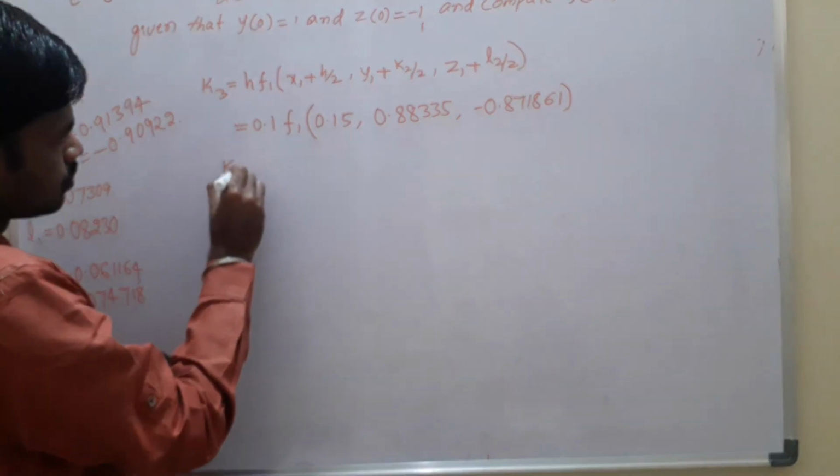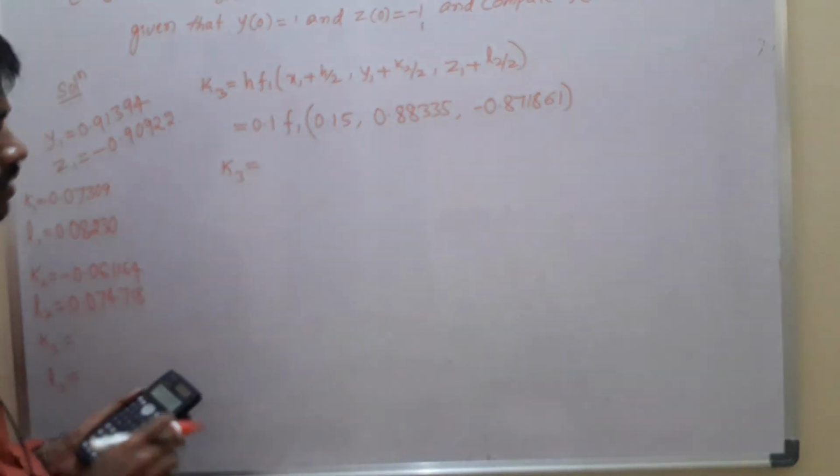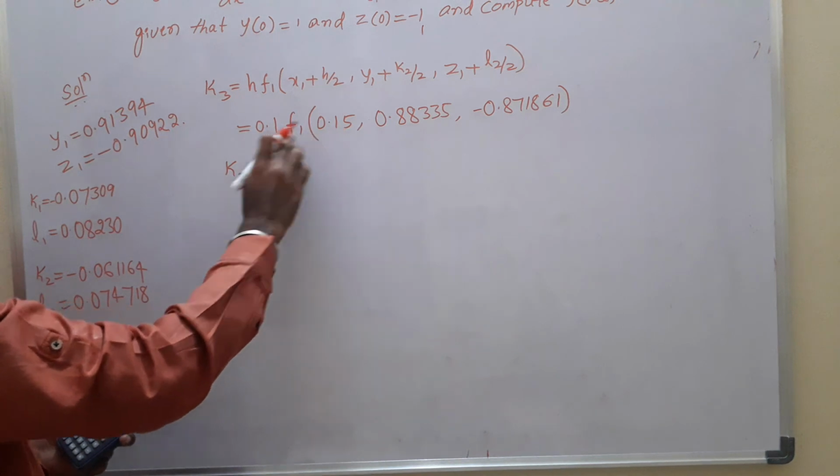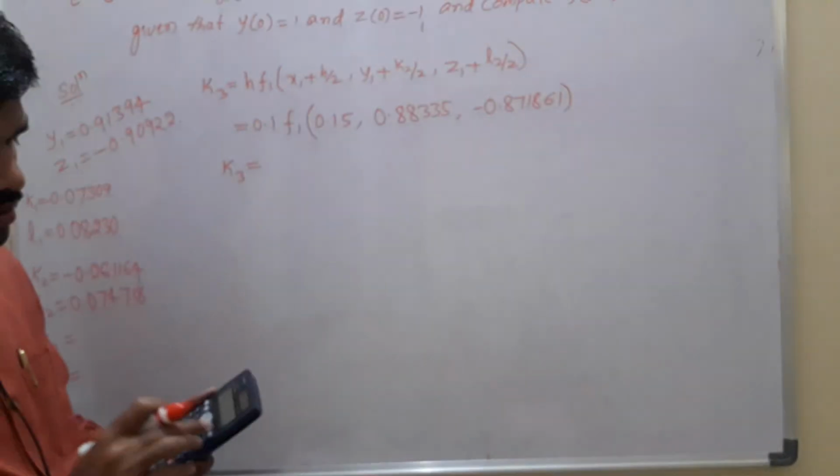And k3 equal to, simplifying that one, the first function yz plus x, take these two multiplication plus add this one and multiply by 0.1.